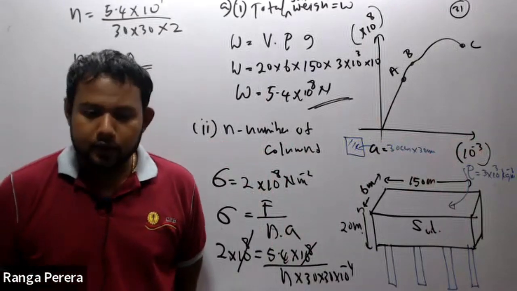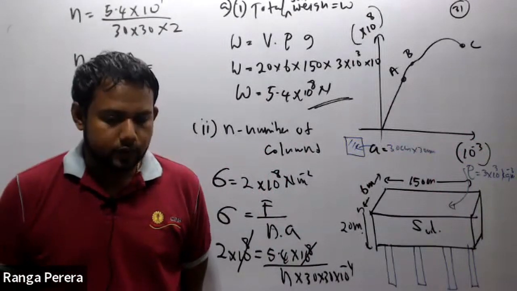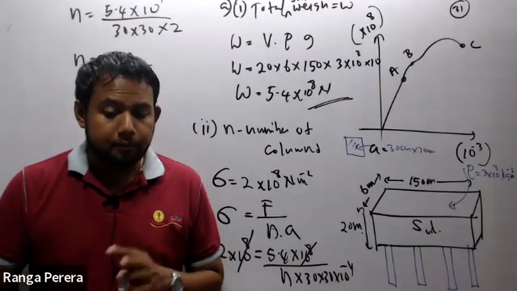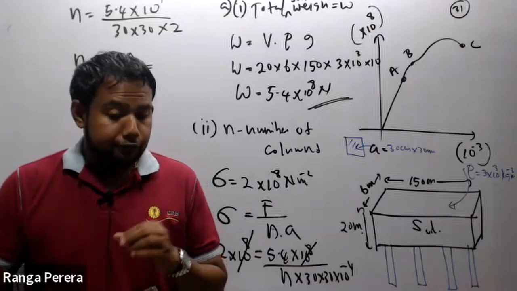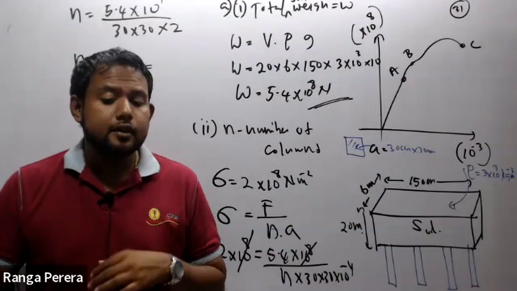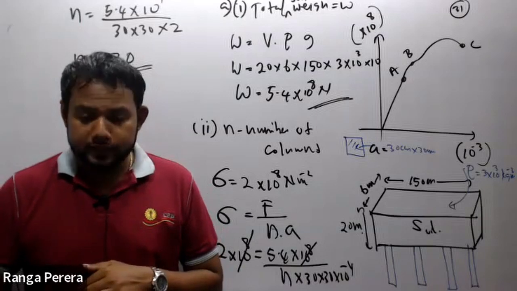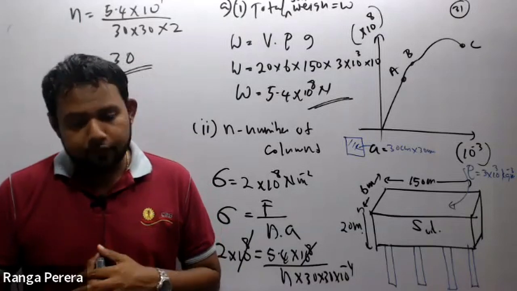I think the answer is given, less, actually less. The stress is not that big. If you provide less than 30, what kind of stress would you get, more or less? It is definitely more.